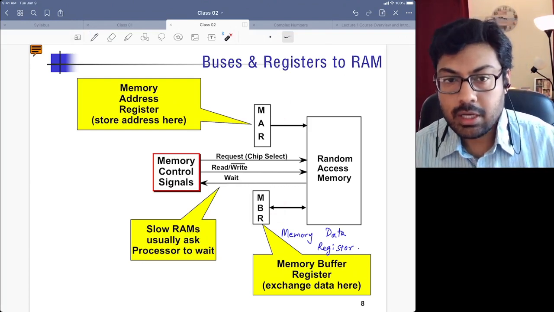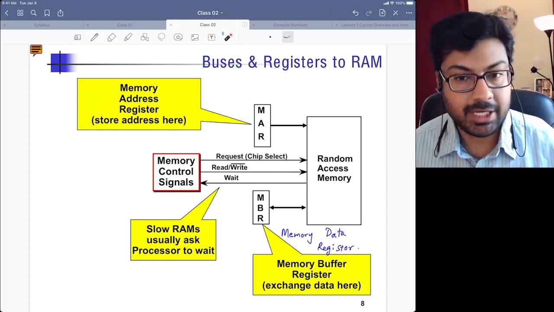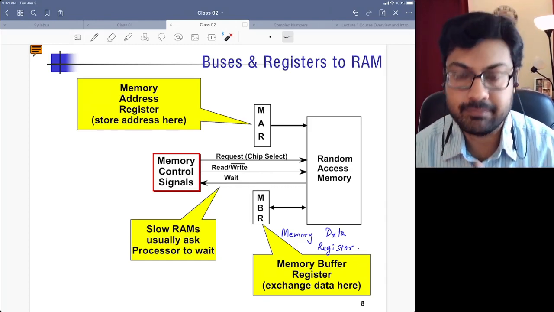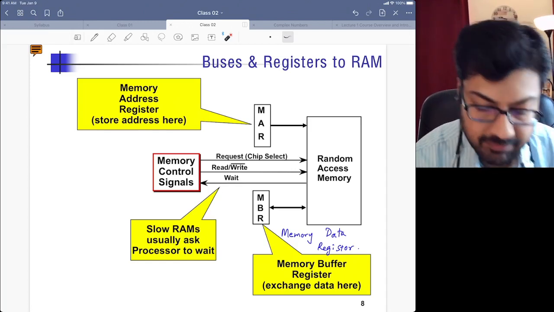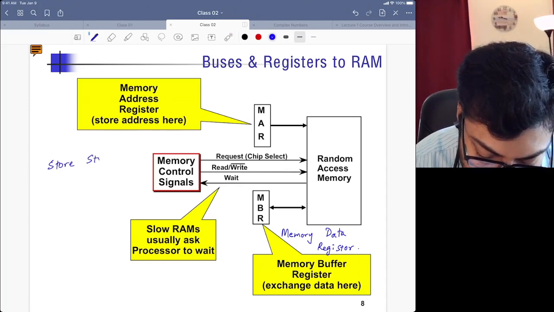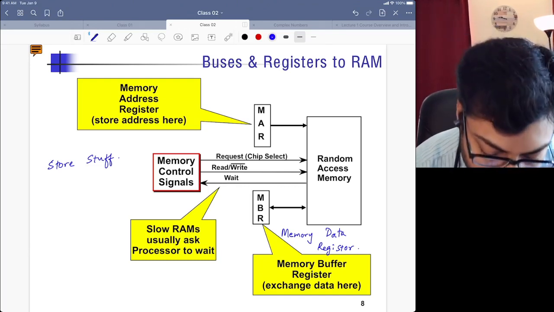So let me step back a minute and talk about memory. When you think about memory, what all can you do with a memory? Store stuff. What else can you do with it? Read from memory. All right.